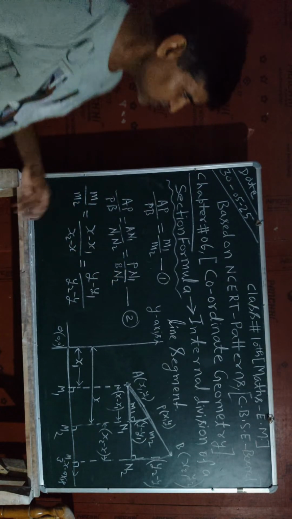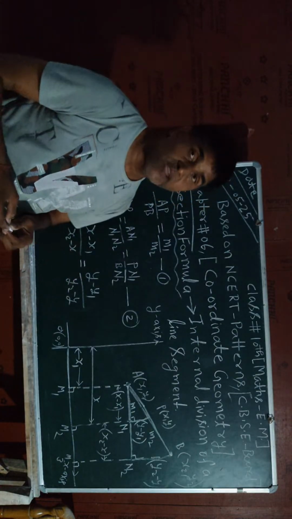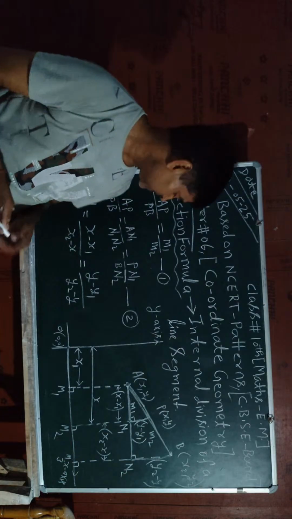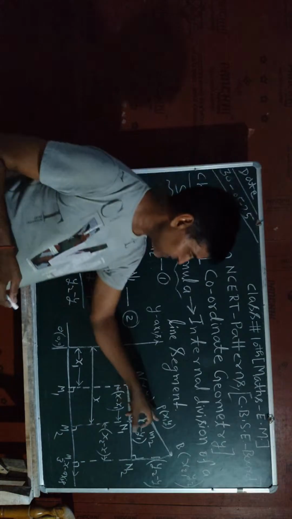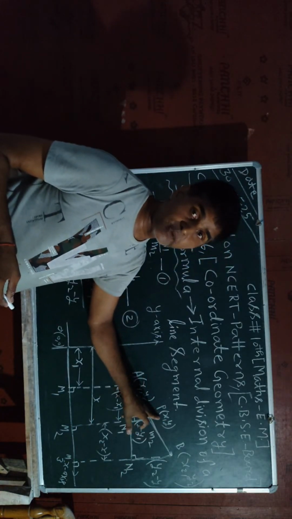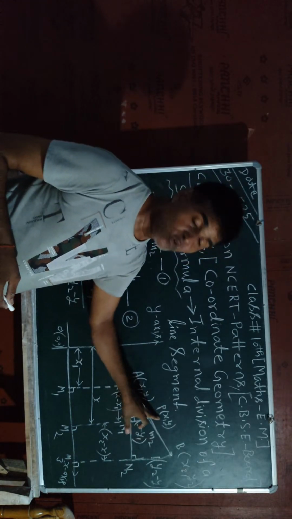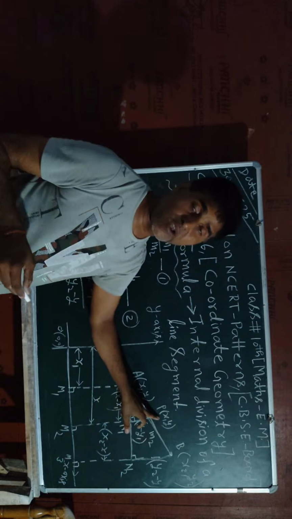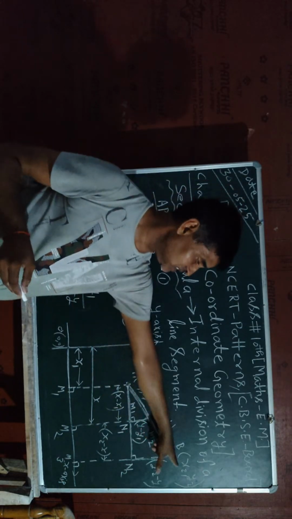Okay students, after simplifying I will get the values of x and y, because here we have to calculate the values of x and y. The coordinates will be in the form of m1, m2, and also the two given points: one point is x1, y1, and the other point is x2, y2.